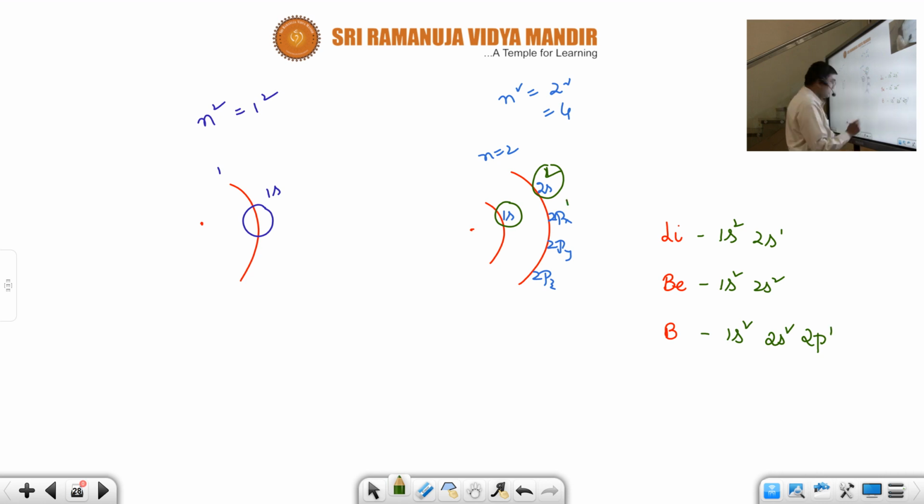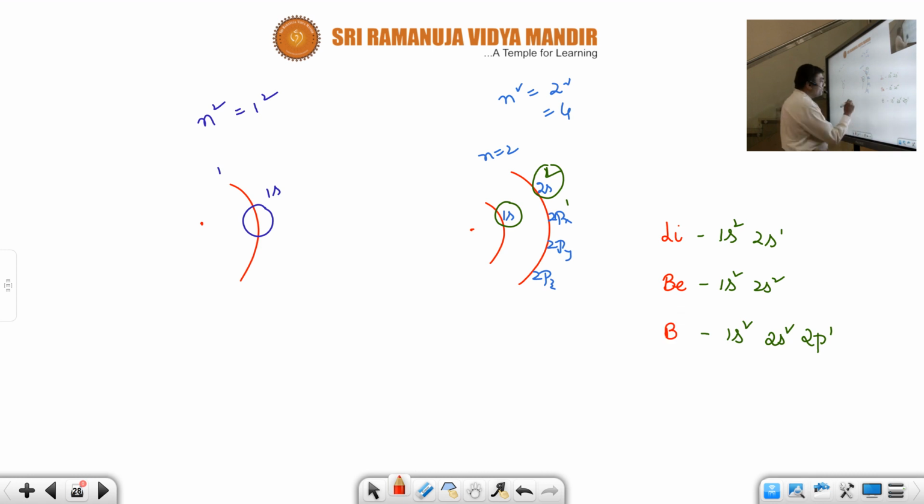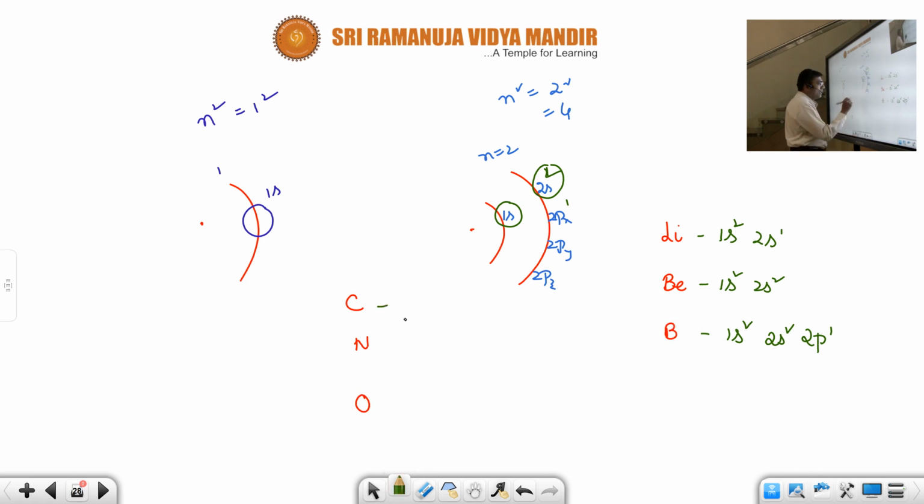Next carbon, nitrogen, oxygen. Let us write for the remaining elements. Carbon is 1s2, 2s2, which is filled already, then 2p2. Next nitrogen, 1s2, 2s2, 2p3.